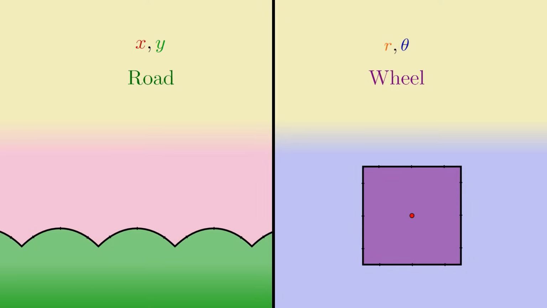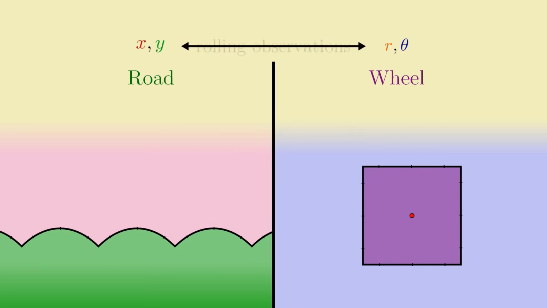Maybe it would have been better if I subscripted each variable's name with either road or wheel to make it completely clear which curve each variable is describing, but I dislike the notational clutter that introduces, so I prefer to omit them. Just remember that, despite their names, x and y, and r and theta, are describing two separate curves, and are therefore not related to each other via the usual polar formulas.